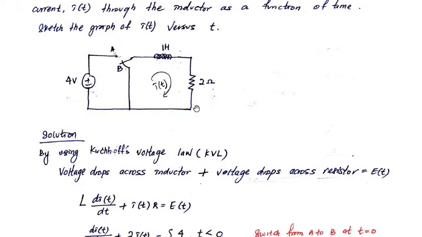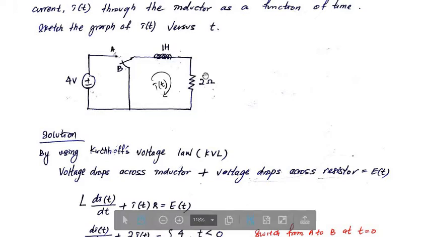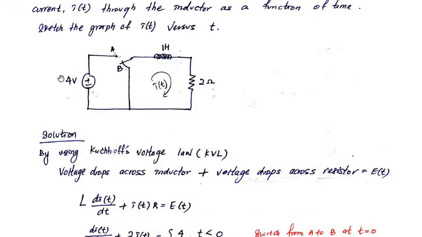First of all, you can use Kirchhoff's voltage law to solve this question. The voltage drop across the inductor plus the voltage drop across the resistor is equivalent to the source.